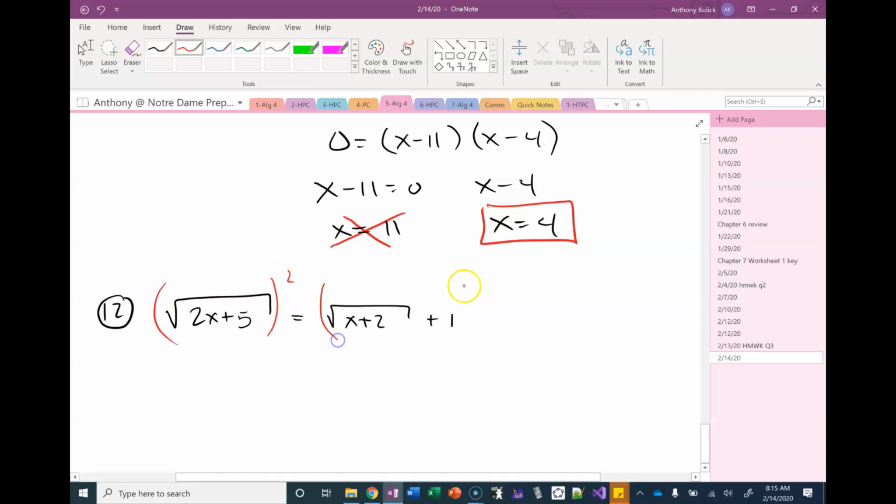Okay. On the left-hand side, what happens? Yeah, they just cancel. On the right-hand side, what happens? We have to FOIL. Good old FOIL.